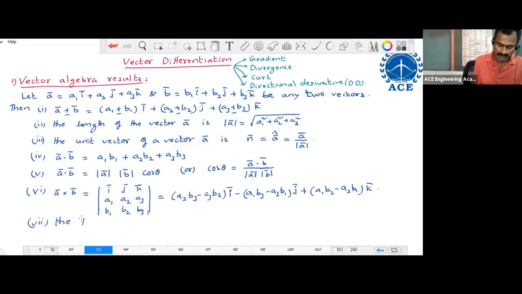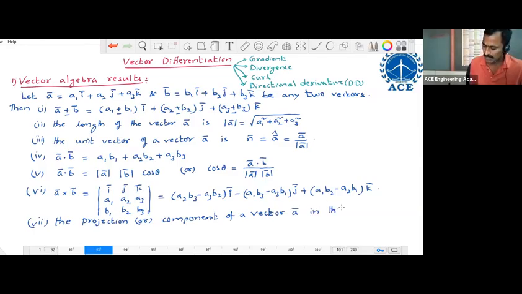Next, the projection or component of a vector A bar in the direction of a vector B bar is given by small p equal to A bar dot B bar by modulus of B bar.